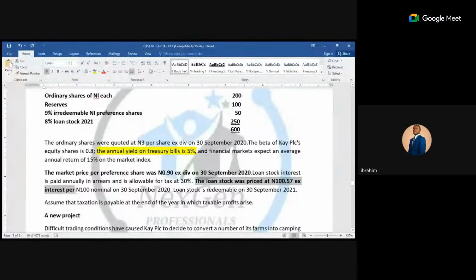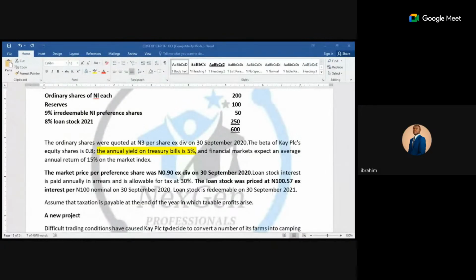Now, nominal, 100 naira nominal on 30th September 2020. Now, class, they keep mentioning 30th September 2020. This is a trap, a very big trap. And this question was tested last diet. I think maybe question 4 thereabout, or question 5.